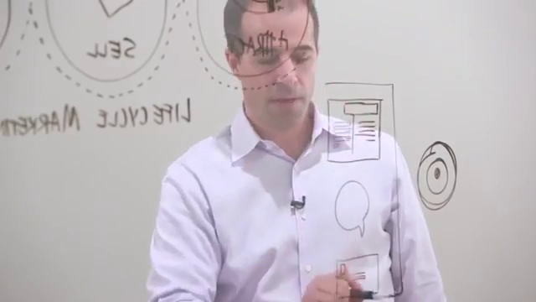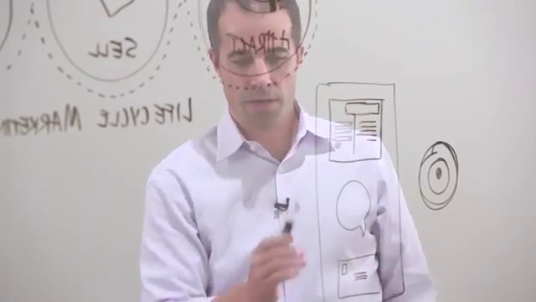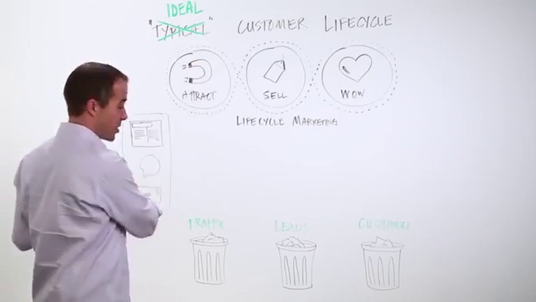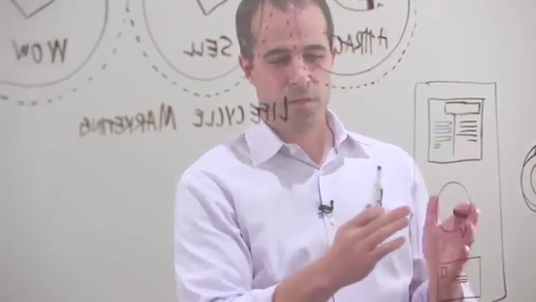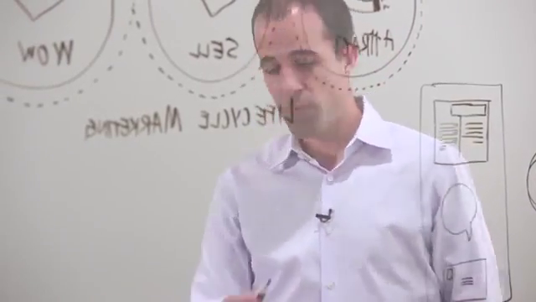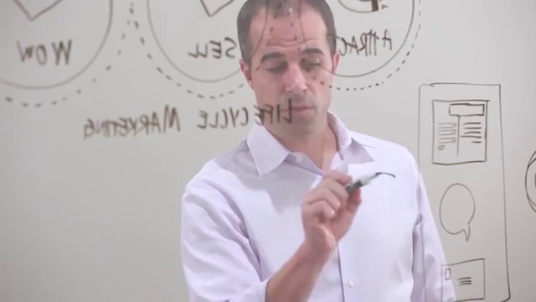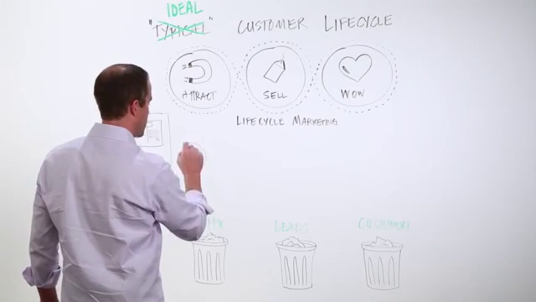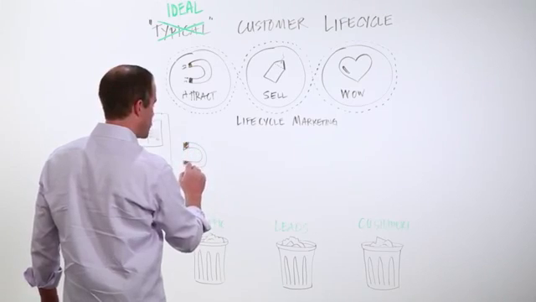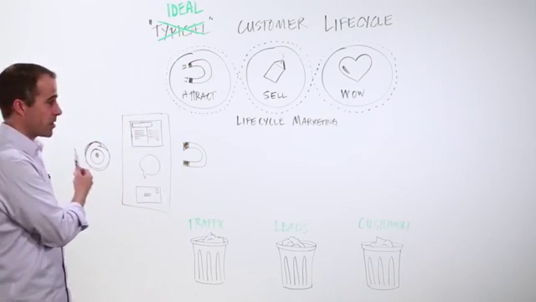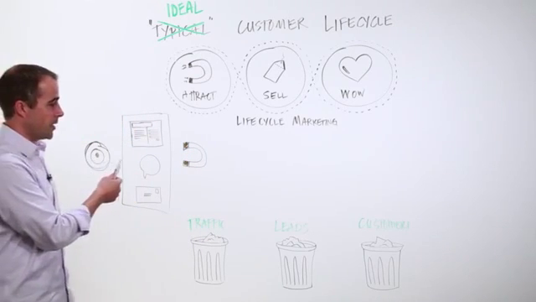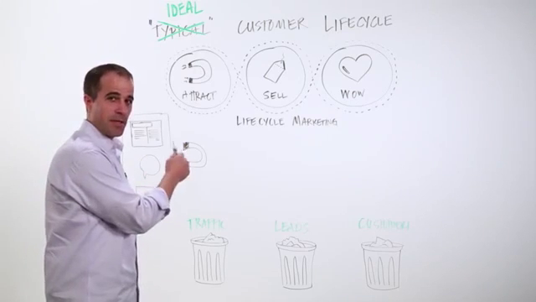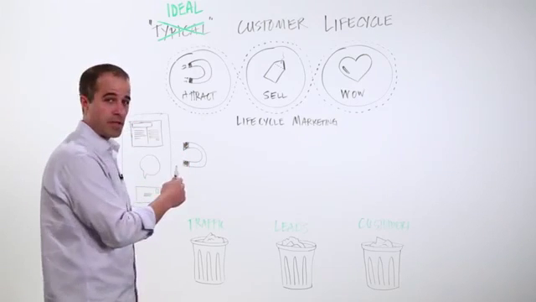We'll help you identify places where you can go and find people that are your targets. But rather than just letting go of them if they're not ready to move forward, we're going to use this tool we call a lead magnet. That's why we've got it drawn up here. The lead magnet is a thing that you create that has a lot of value for your target market. And we're going to offer that to them in exchange for them giving you their contact information.